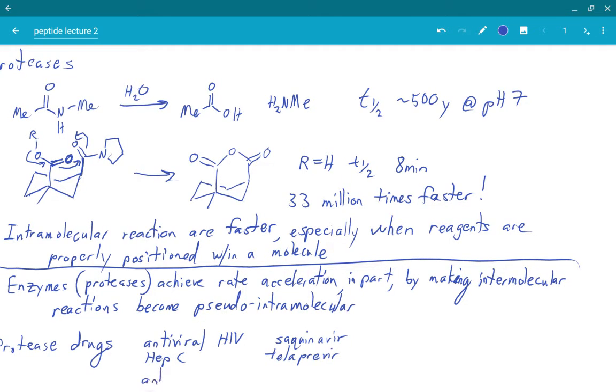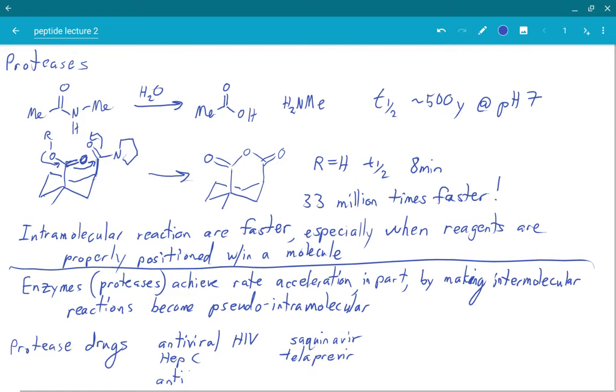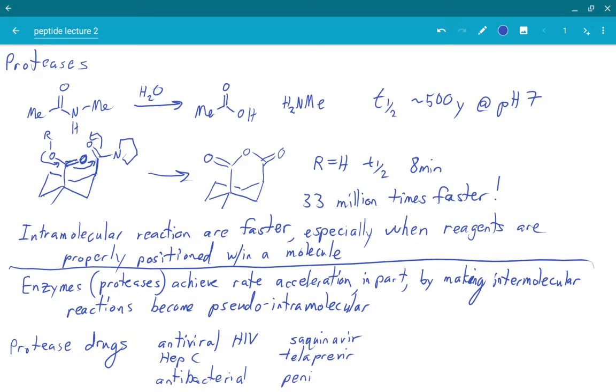And then probably the most well-known drug class, the vast majority of antibiotics, are protease inhibitors. They block the function of enzymes that break apart amide bonds.